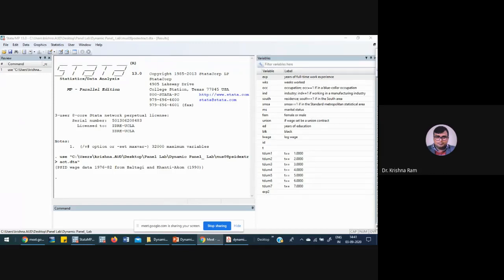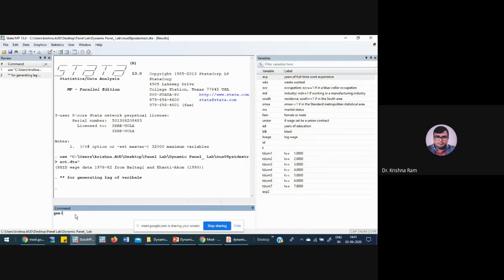For generating a lag of a variable, we just type generate, then a new variable name.